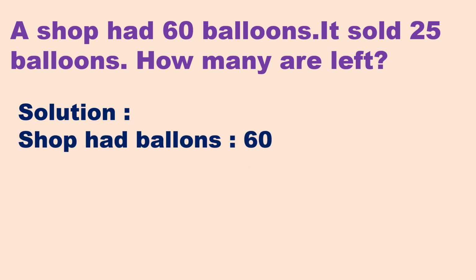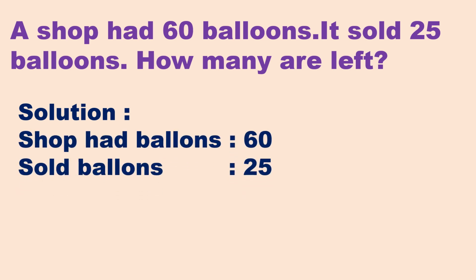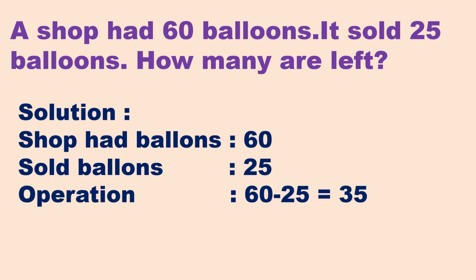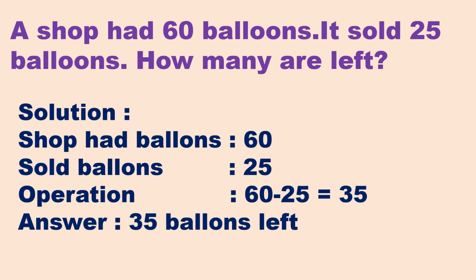And they are selling 25 balloons. We have to find how many balloons are left. So they are asking left, and they are selling. Selling means fewer, which means subtraction. So 60 minus 25 equals 35. So the answer is 35 balloons left.